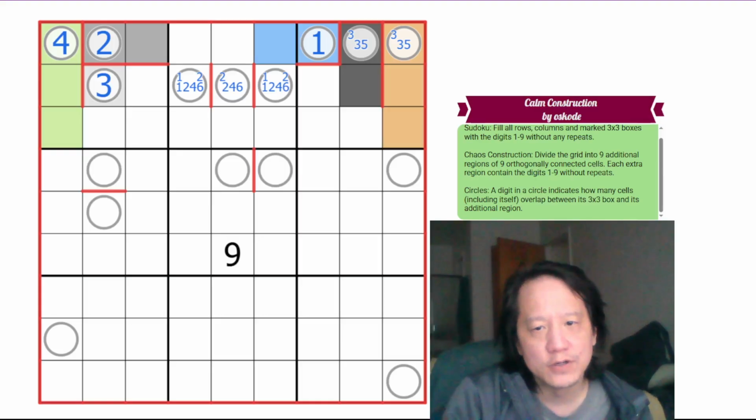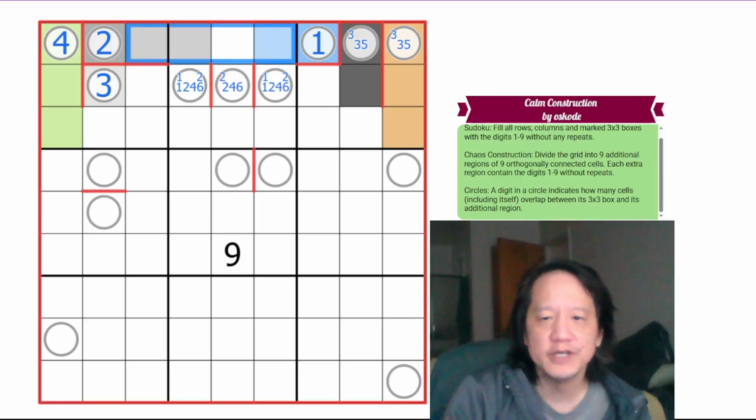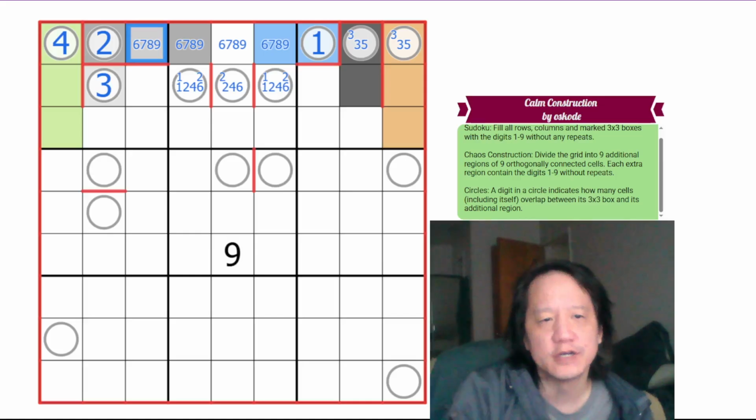So this has to go this way. It cannot have a 2 in it. So this has to be 6 as a region or 4 as a region at least. Remaining digits in row 1 are 6 through 9.